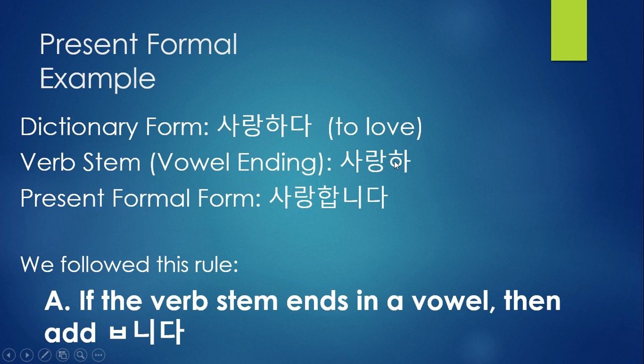Knowing that it's a vowel ending, follow this rule. If the verb stem ends in a vowel, then add p, nida. So you put the B character under the vowel. Because this is a vowel ending, it has space under. So you put the B character under, then nida. So the present formal form becomes saranghabnida.